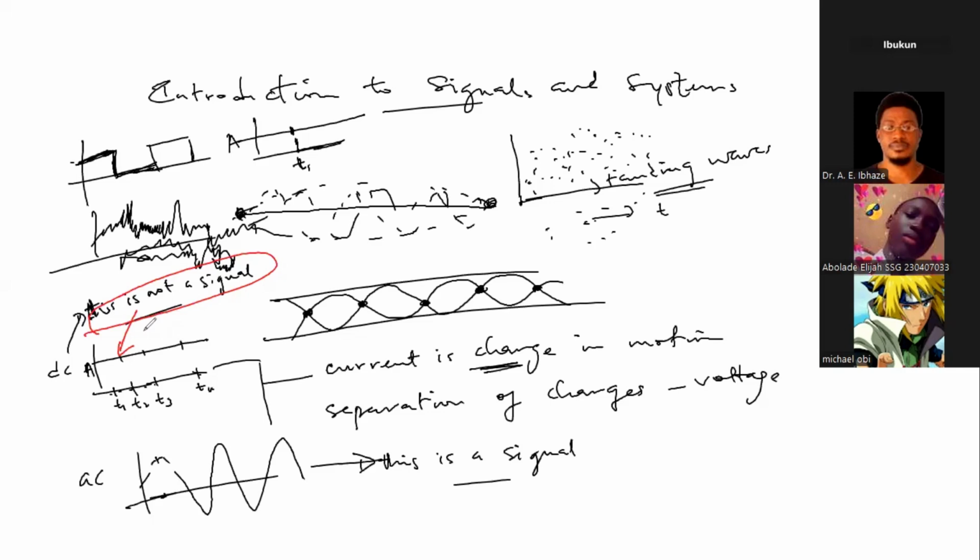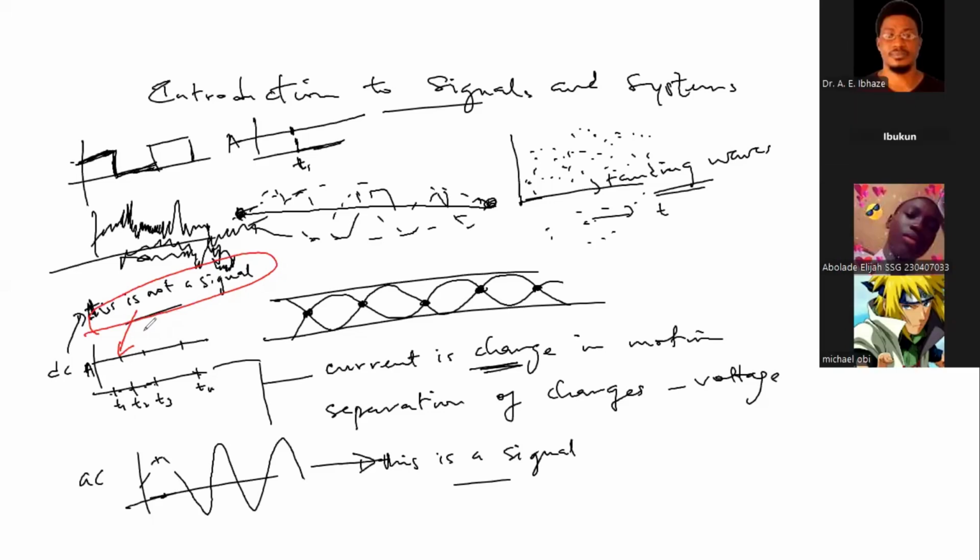So Ibukun, tell us, your hand is up. Okay, thank you, sir. There's something I was trying to get a grasp on, a sort of mental model I'm using to understand the statement you made about signals. If I understand correctly, the key defining feature of a signal is that it must be able to convey information.